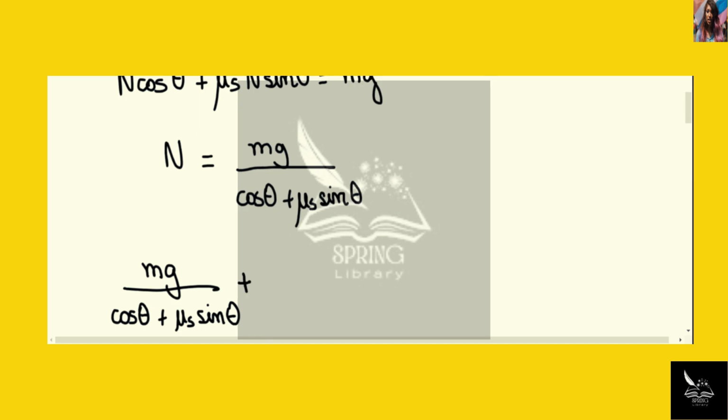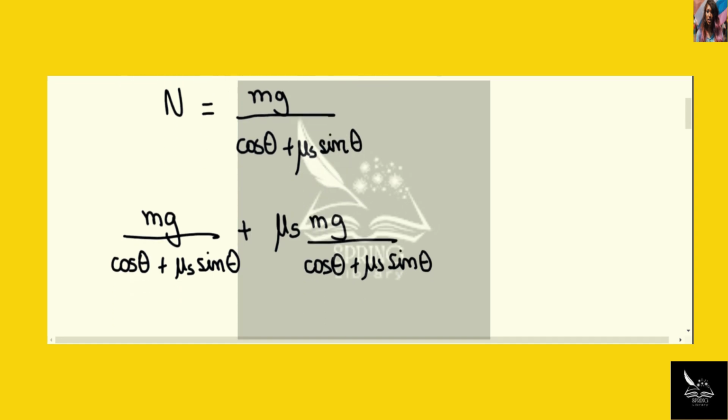plus the frictional force, which is mu s times n, cosine of theta plus mu s sine of theta. And actually, the first n should have a sine multiplying it, and the second one must have a cosine multiplying it, and there's a minus sign here.